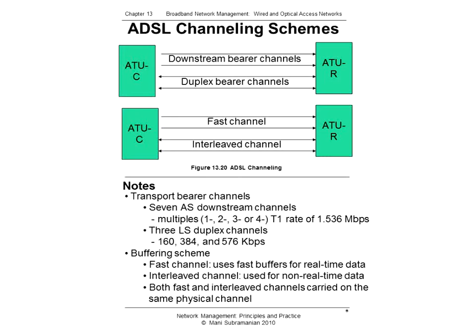We have AS bearer channels. They are in multiples, for example 1, 2, 3 or 4 of T1 rate of 1.536 megabits per second or E1 rate of 2.048 megabits per second.